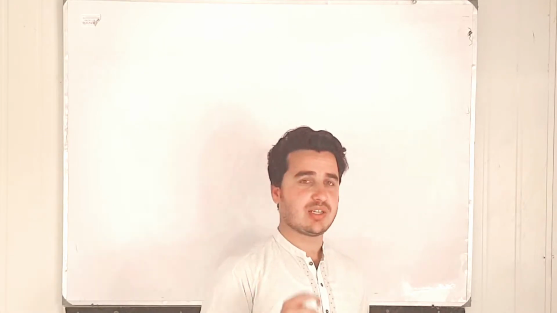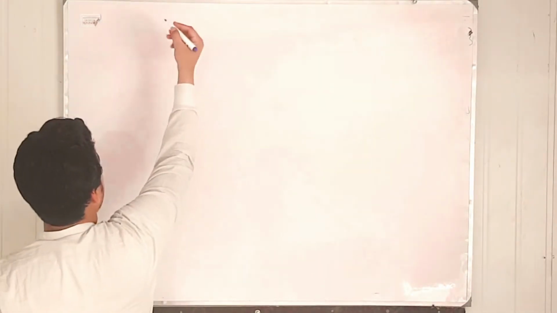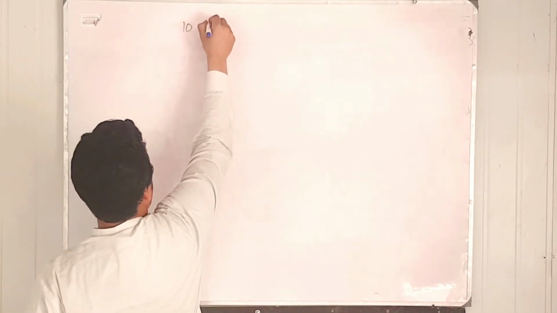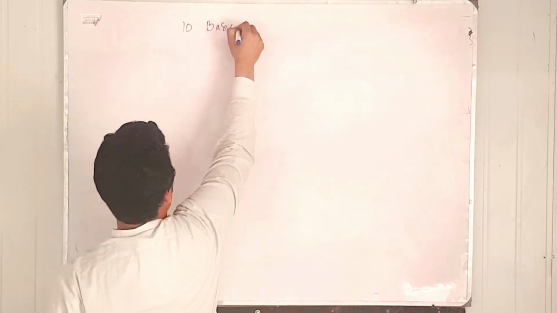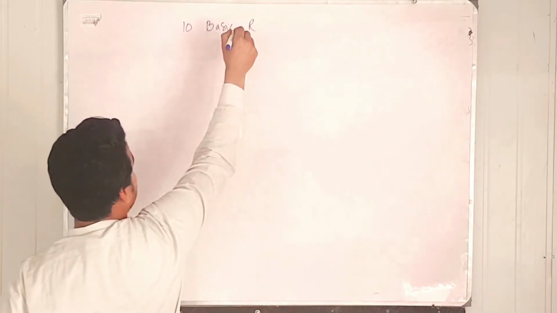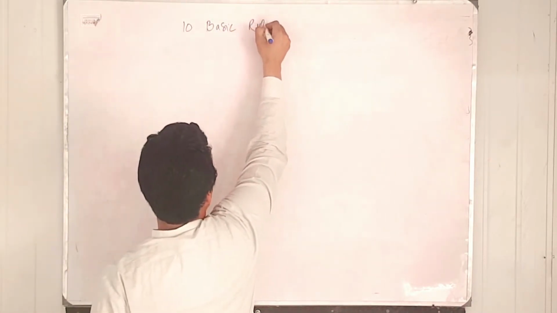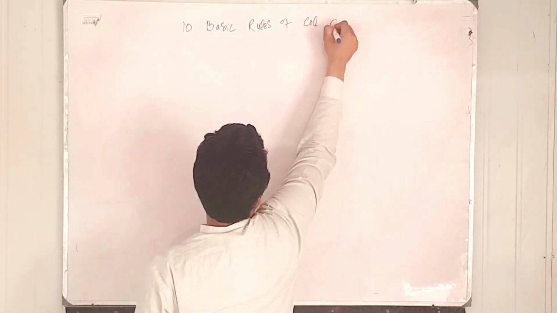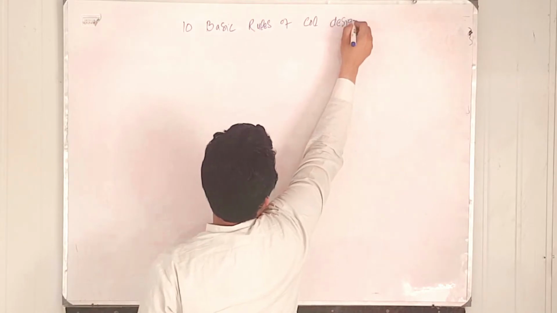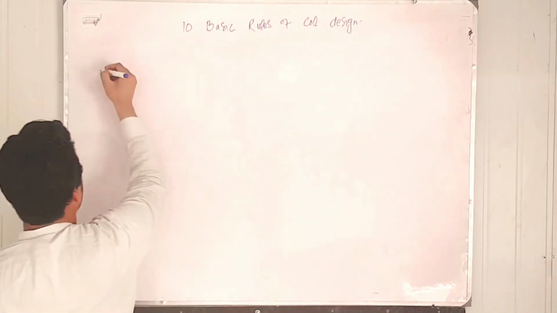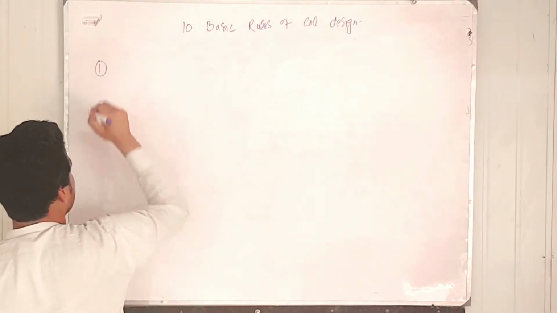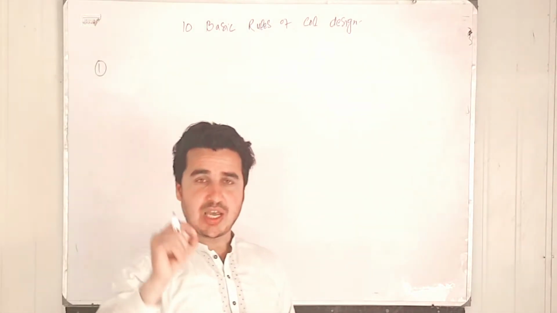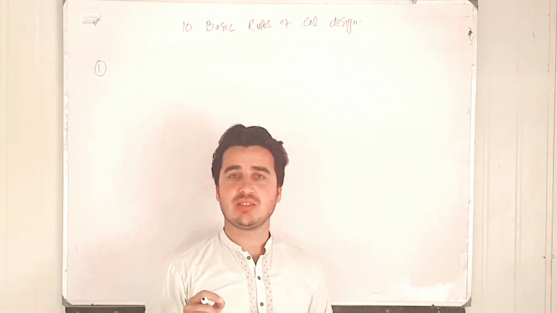Okay, so let's start. The 10 basic rules of column design. The rule number first for designing a column is choosing the shape of the column.